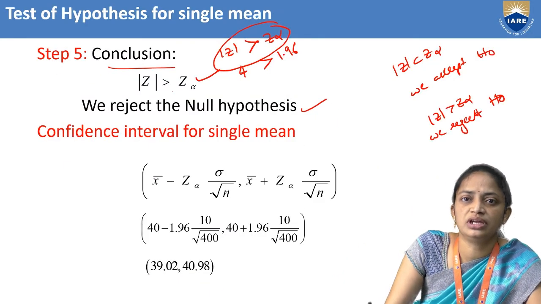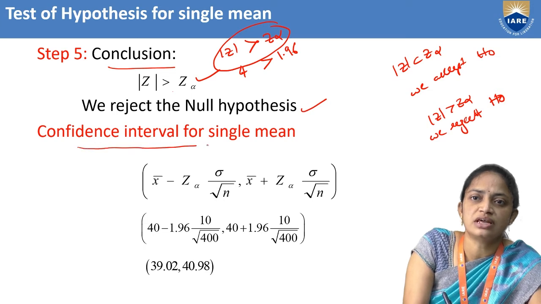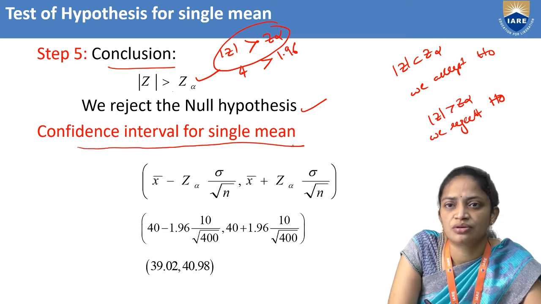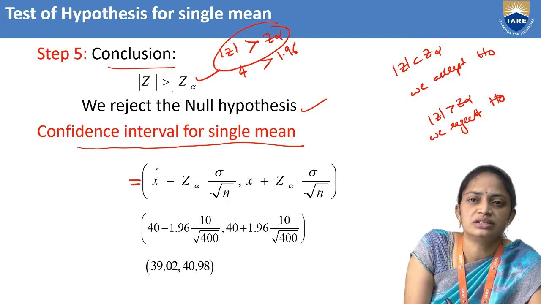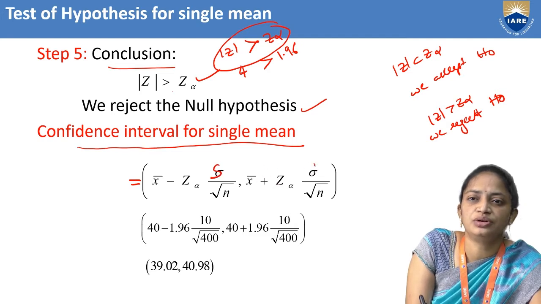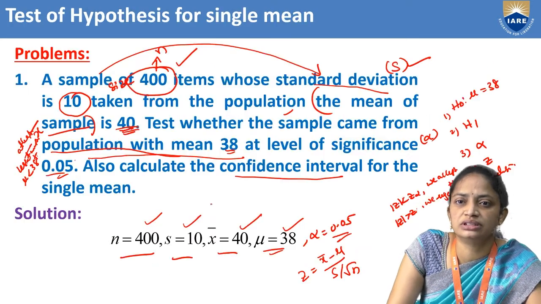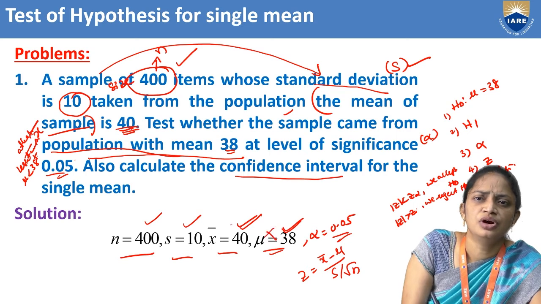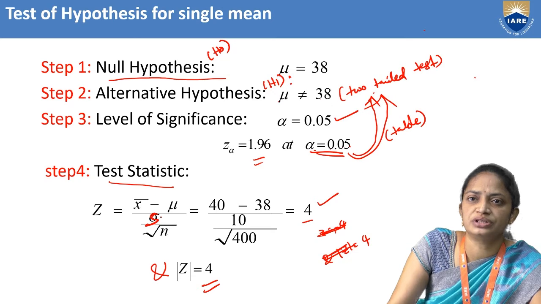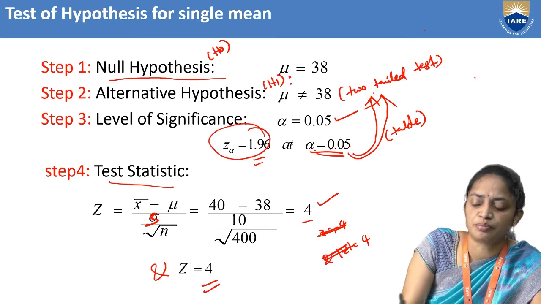Next we need to find the confidence interval for a single mean. The confidence interval for a single mean is x bar minus z alpha into s by root n, and x bar plus z alpha into s by root n. Here x bar is 40, no need of mu, s is 10, n is 400, and z alpha is 1.96.